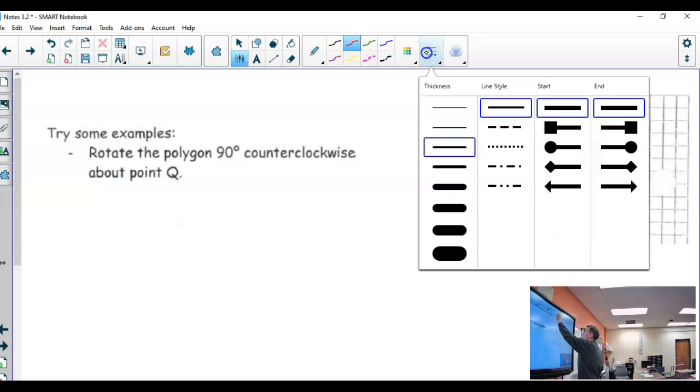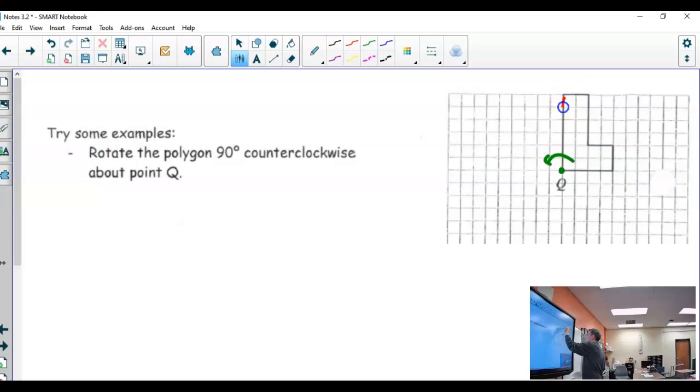I would start with this line right here, and I would make a 90-degree angle, and I'd rotate it here. Let's see, that line is 1, 2, 3, 4, 5, 6 long, so 1, 2, 3, 4, 5. It would end right there. And all I've done is rotate this 90 degrees, so it's gone from a vertical line to a horizontal line.